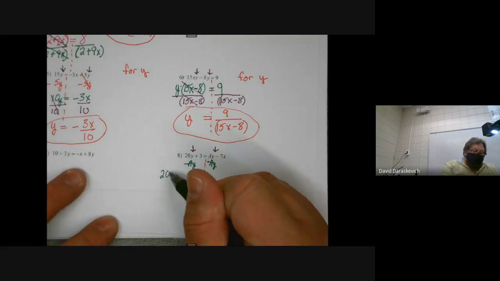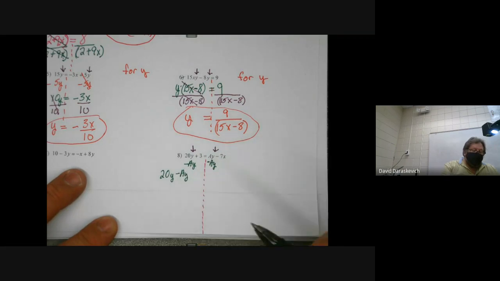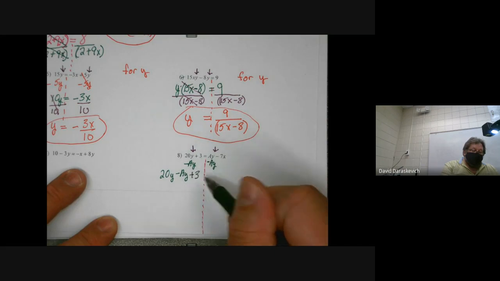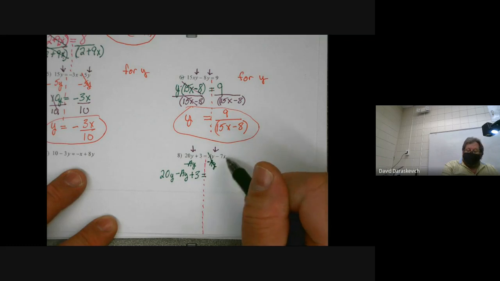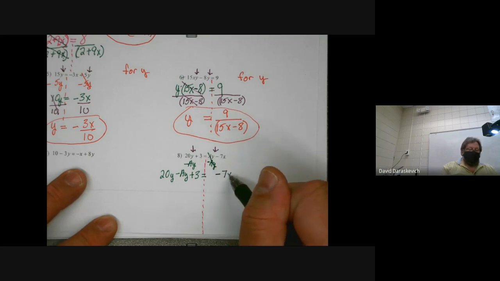So I have 20y minus ay. Don't forget to bring down the 3. So plus 3 equals, now these add up to 0. And here I have to bring down my minus 7x.